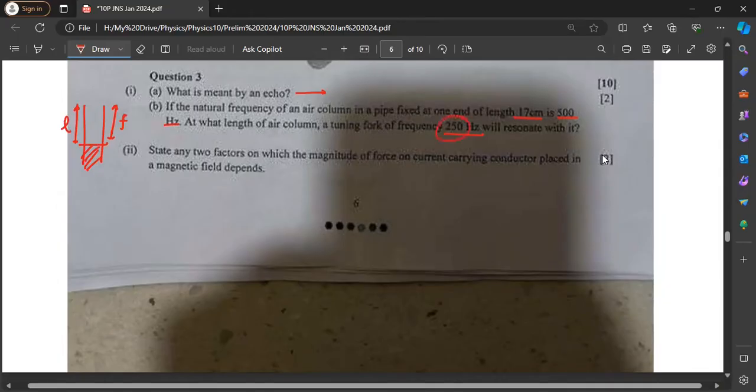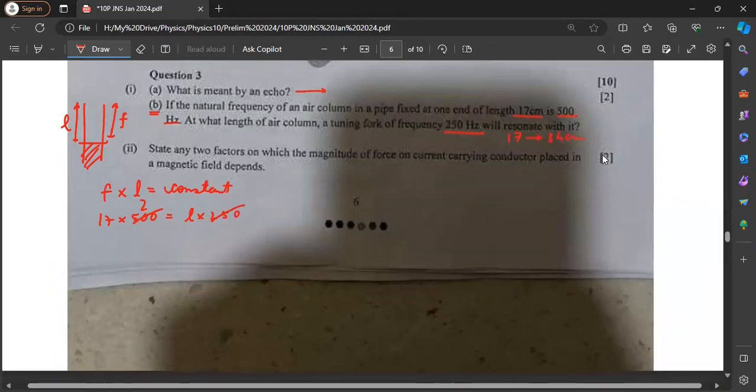So if the frequency is reducing, the air column will increase, so the length from 17 will become 34 centimeter. Another thing to remember, such questions are not expected in the board exam, but frequency into length is constant. So 17 into 500 is equal to length into 250. That's how you get the answer.